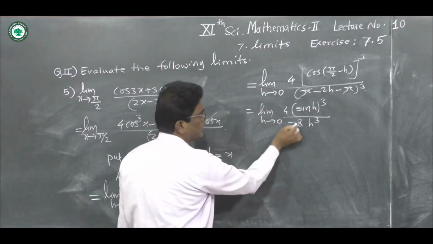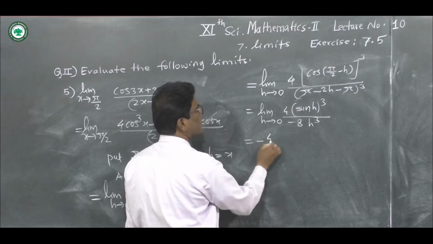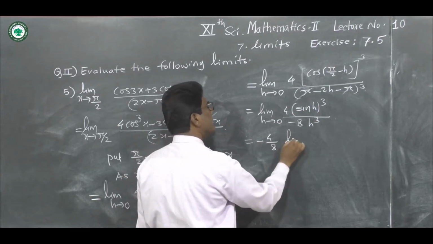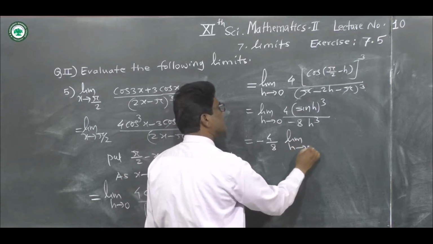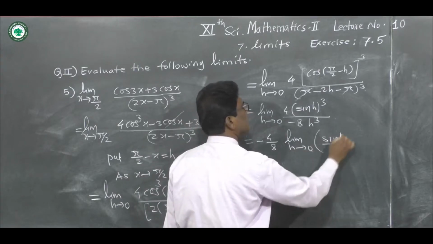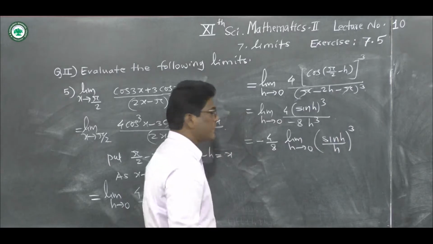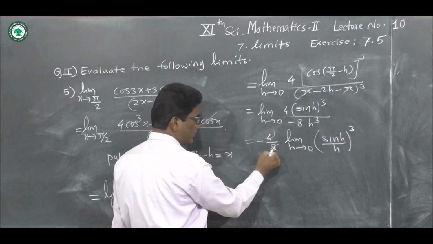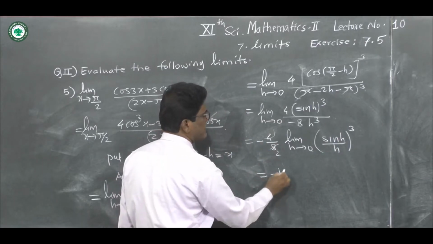So 4 upon minus 8, that is minus 4 upon 8, into the limit as h tends to 0 of sine h upon h, cubed. Four ones are 4, four twos are 8, so it is minus 1/2.